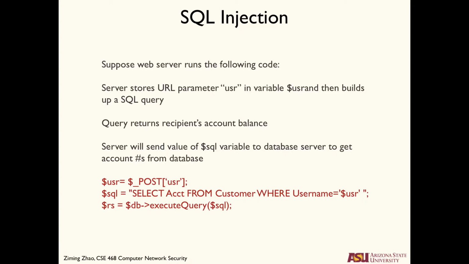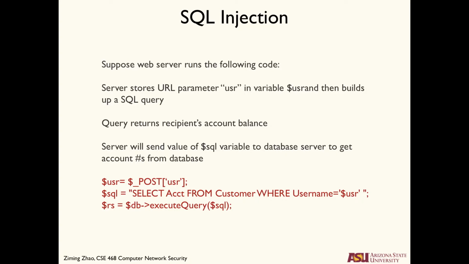Suppose that this is website code, a PHP code. First, the PHP code retrieves the user from the post message. This user part is what you, as a user, send to the web server.